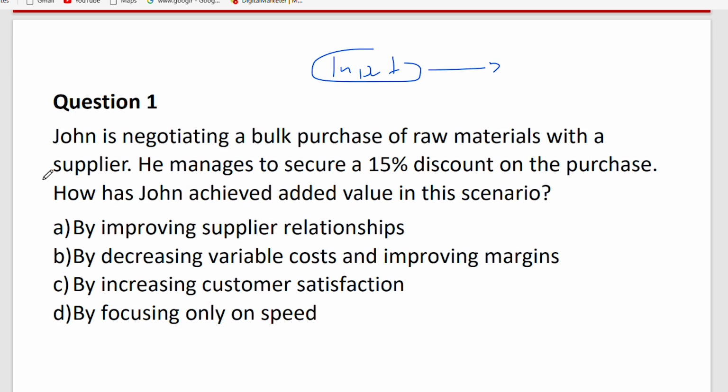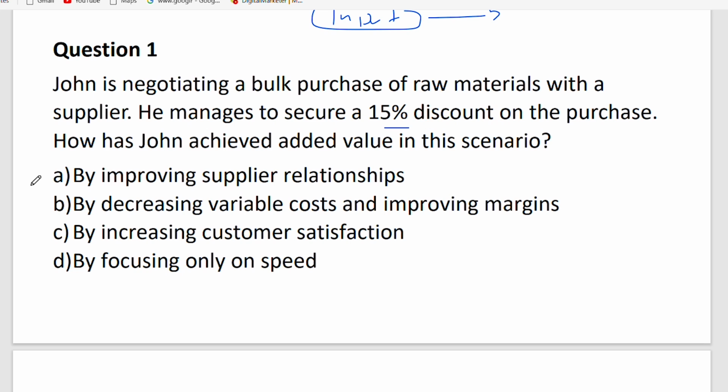In this case, John is negotiating a bulk purchase of raw materials with a supplier. He manages to secure a 15% discount on the purchases. How has John achieved added value in this scenario? By improving supplier relationship? They just sold something to you at a cheaper price, so trust me, it's not about improved relationship at that point.